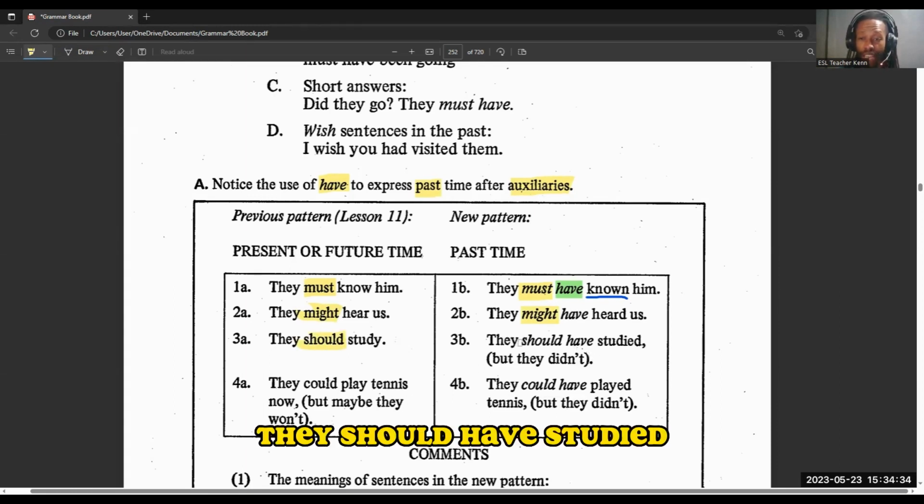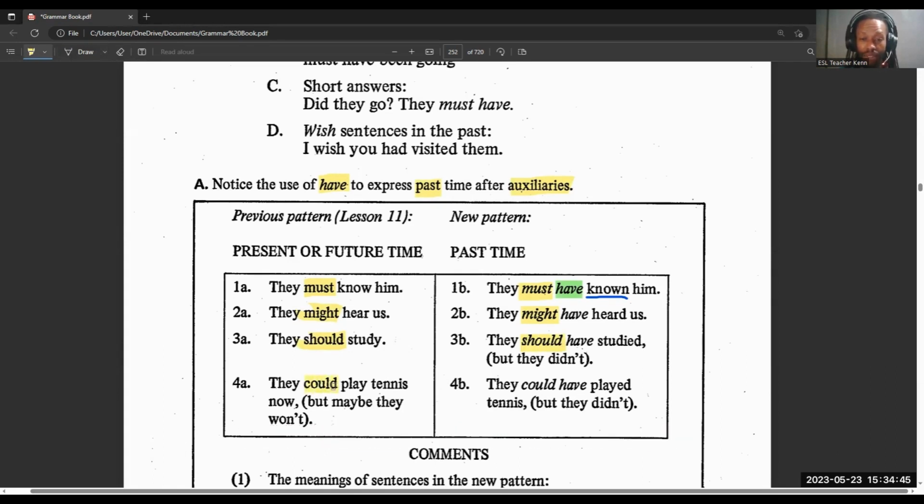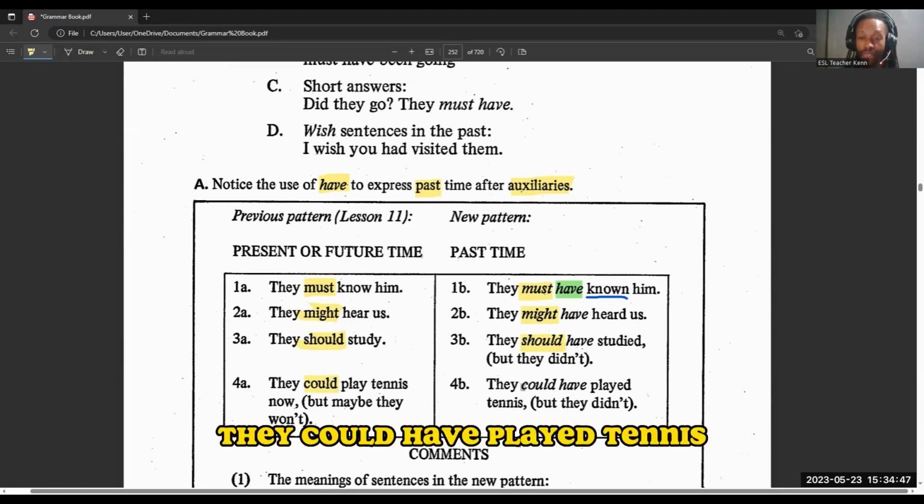They should have studied. They could play tennis now. They could have played tennis.